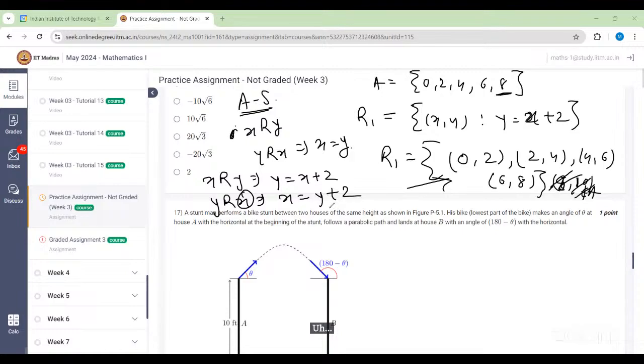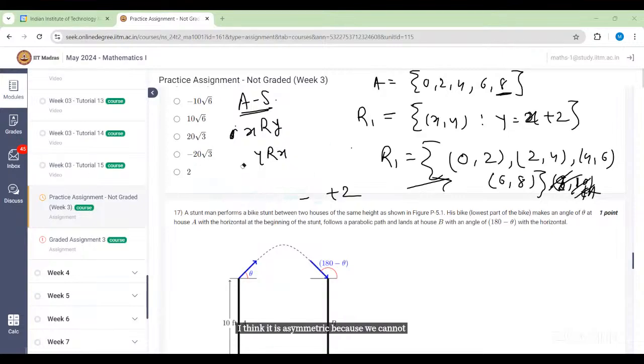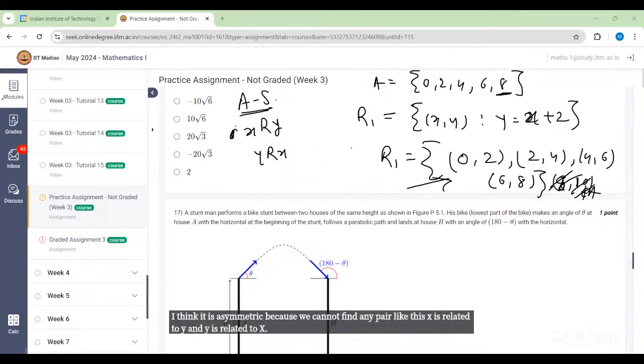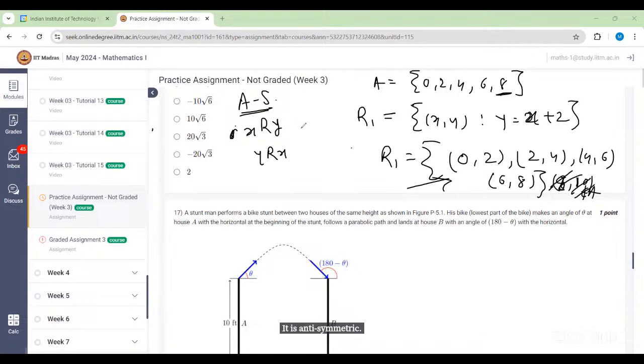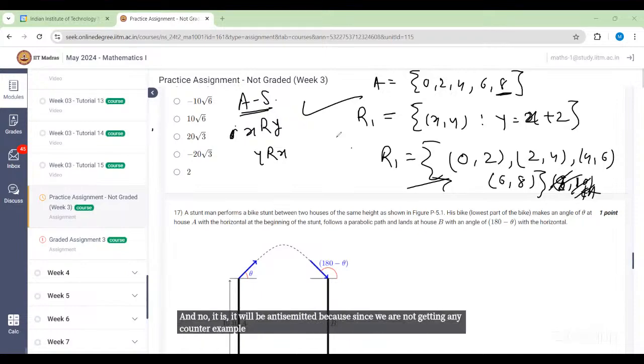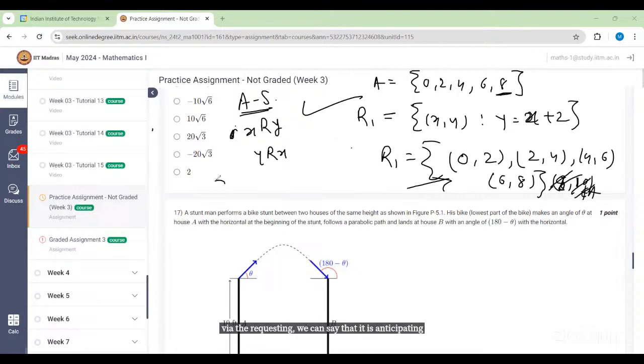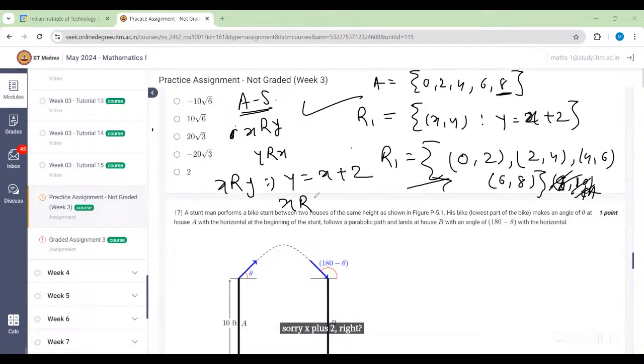We cannot find any pair where x is related to y and y is related to x. Since we are not getting any counterexample, by the vacuous argument we can say that it is antisymmetric. If x is related to y, then y is x plus 2, so x cannot be related to y at all.